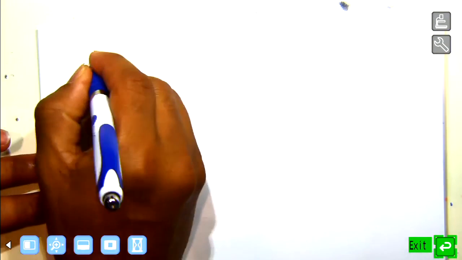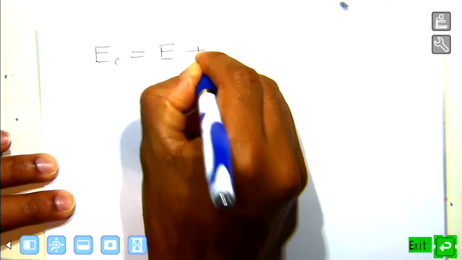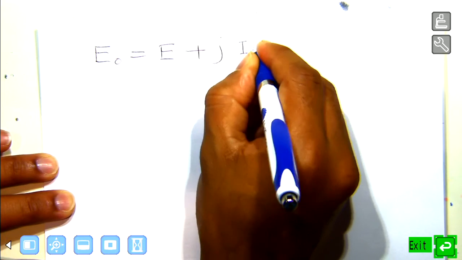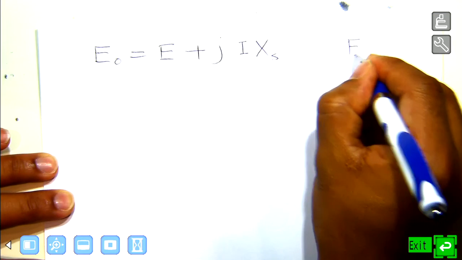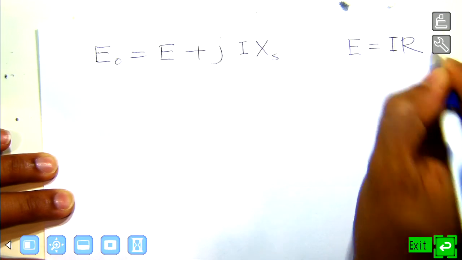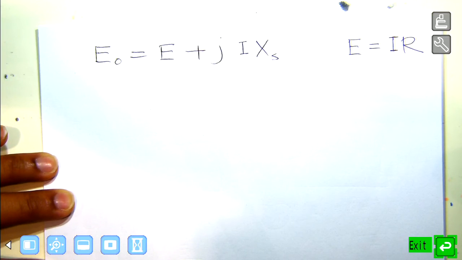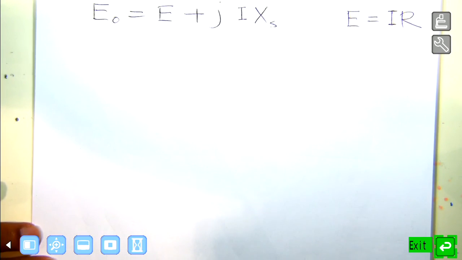One is our E naught, that is the terminal voltage plus the voltage drop across the synchronous reactance. And our voltage at the terminal is the current flowing through this and the resistance of that. So if we are asked to draw a phasor diagram just for this, how will that look?